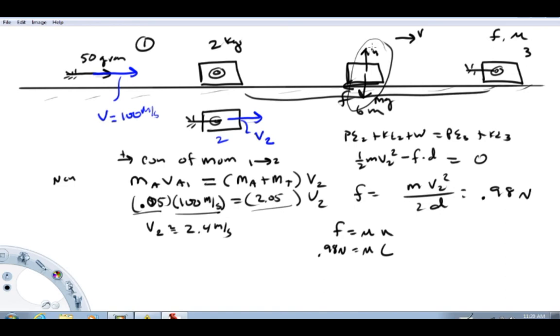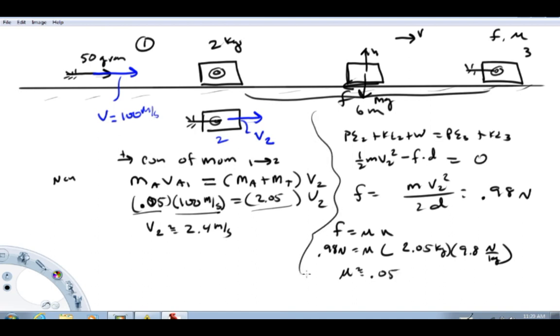So basically the normal is equal to mg, which is going to be 2.05 kilograms, that's the mass of the system, times the 9.8 newtons per kilogram or meters per second squared, your choice. If we go ahead and solve that for the frictional coefficient, I get 0.049, or I'm just going to round that to approximately 0.05. So this is a pretty icy surface, it looks like.